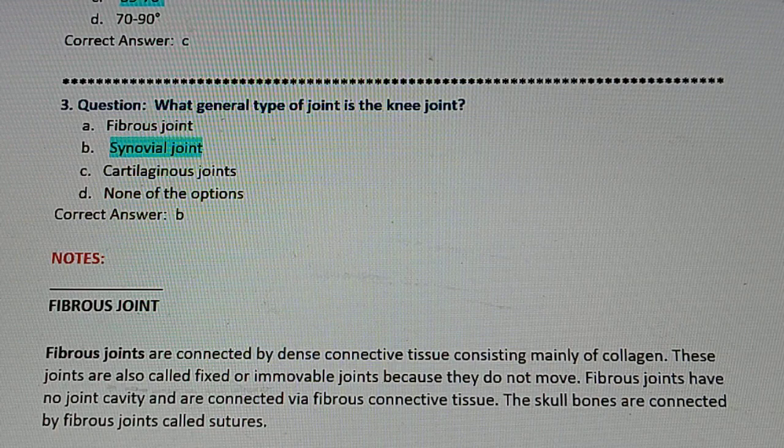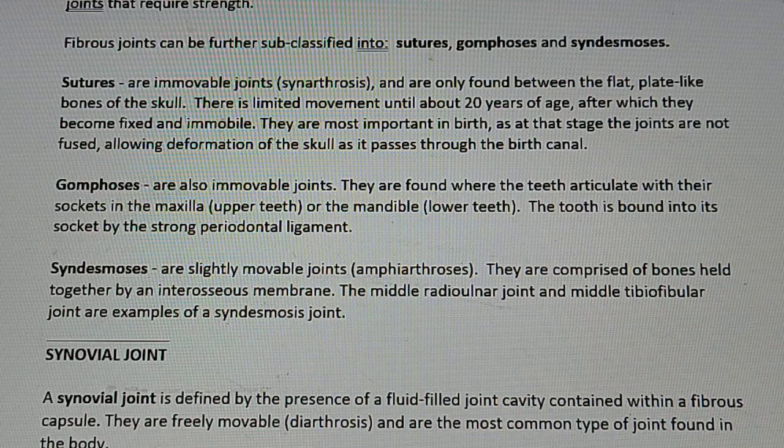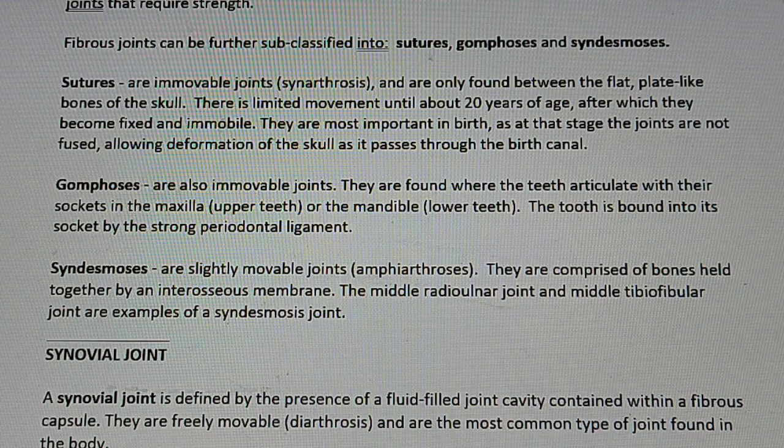Fibrous joints have no joint cavity and are connected via fibrous connective tissue. The skull bones are connected by fibrous joints called sutures.